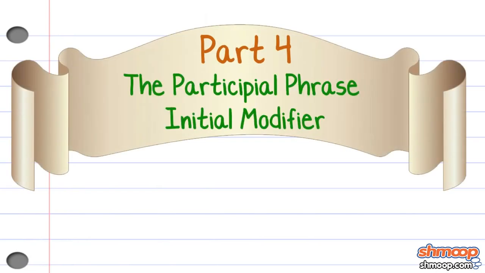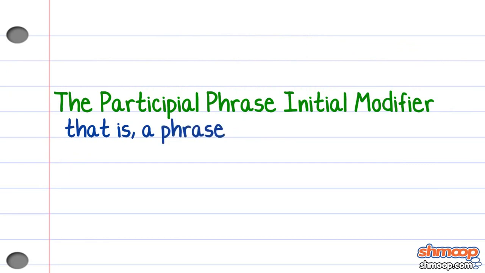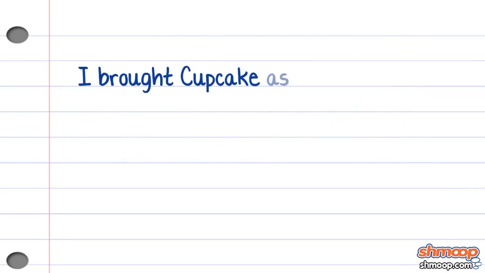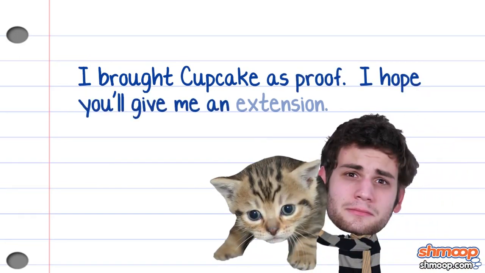And part 4, the participial phrase initial modifier. That is, a phrase starting with a verb that ends with ing, like this. I brought Cupcake as proof. I hope you'll give me an extension.